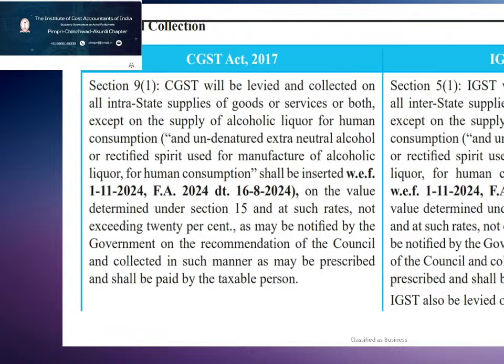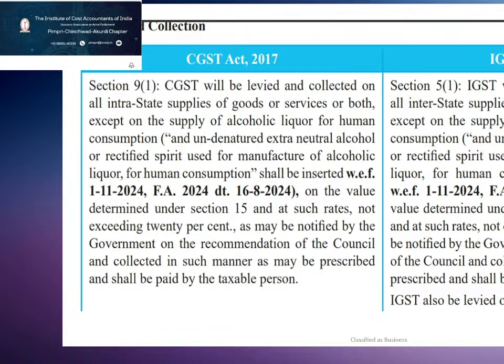This also we will be seeing separately, like online information and database access or retrieval services, in relation to any purpose other than commerce or trade, located in the taxable territory. Then we have a governmental authority which is set up by an Act of Parliament with 90% or more participation by way of equity or control to any function.